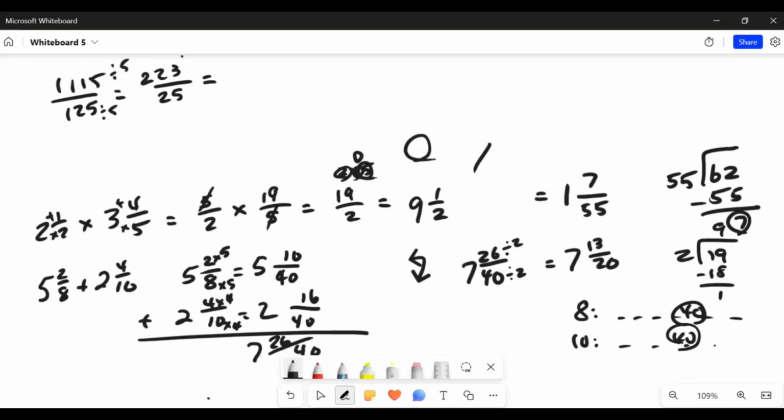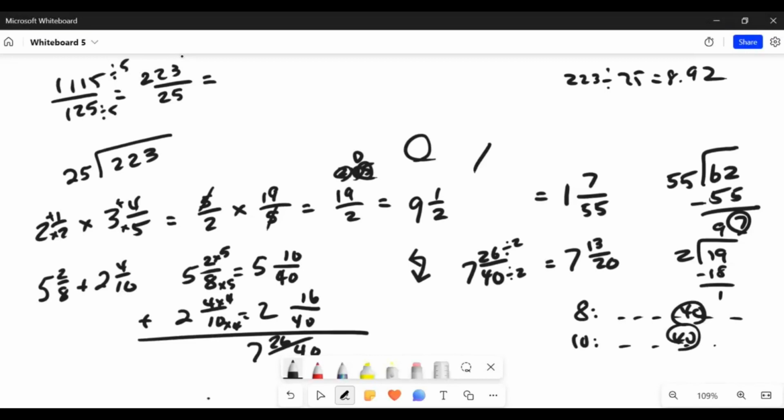All right. So we need to now take 25 and divide it into 223. So 223 divided by 25 is 8.92.